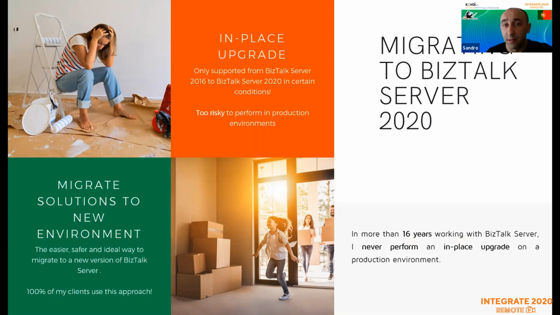It's too risky. Many things can fail, and you cannot perform that task in all scenarios. It depends on the installation you have, the components you have, the SQL and the Windows Server version. Then you may be allowed to do an in-place upgrade or not.